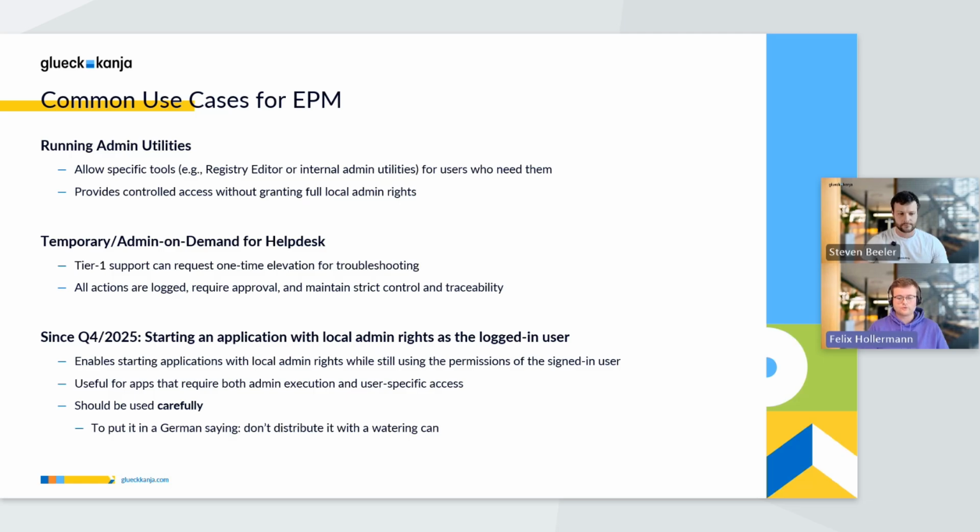By default, EPM uses a virtual account, but since the last quarter of last year, you can also elevate your current user as an administrator for the specific app. But one hint here: use it with caution. To say it in German, do not distribute it with a watering can. Normally, you should use the virtual account way, and this only for specific cases.